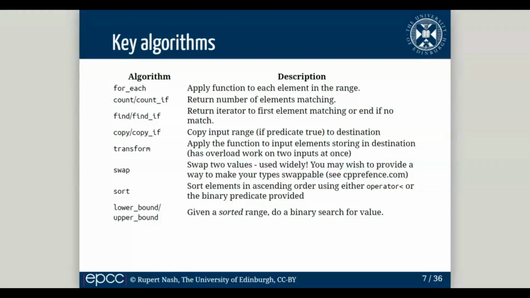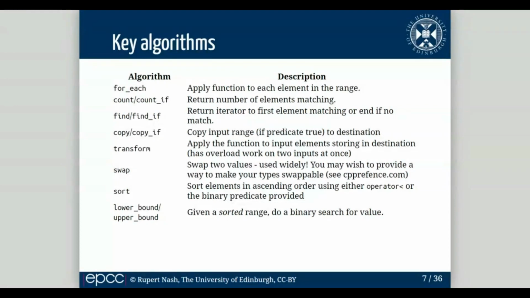We've discussed count_if, find and find_if, which return an iterator to the first element matching, and copy_if, which copies a range if the predicate, the function which is deciding, is true.